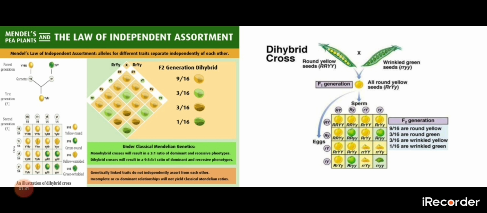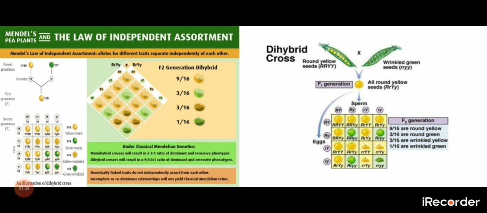So color: capital Y is the allele for yellow seeds, and small y is the allele for green seeds. Shape: capital R is the allele for round seeds, small r is the allele for wrinkled seeds.